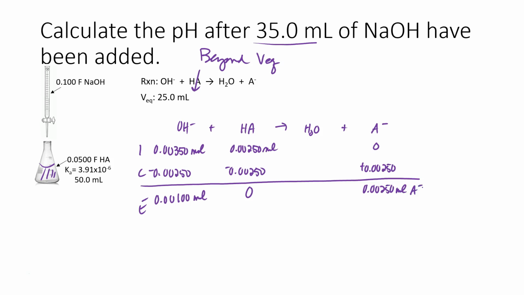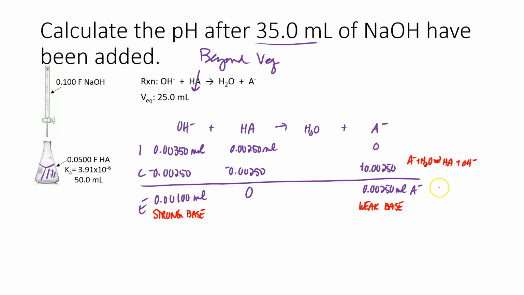So let's think about this. Over here, we've got OH, which is a strong base. And over here, we've got A minus, which is a weak base. And yes, A minus can accept a proton from water to form HA and a little bit of OH.